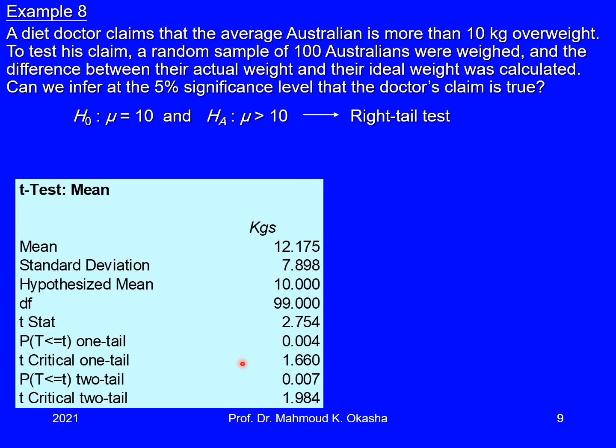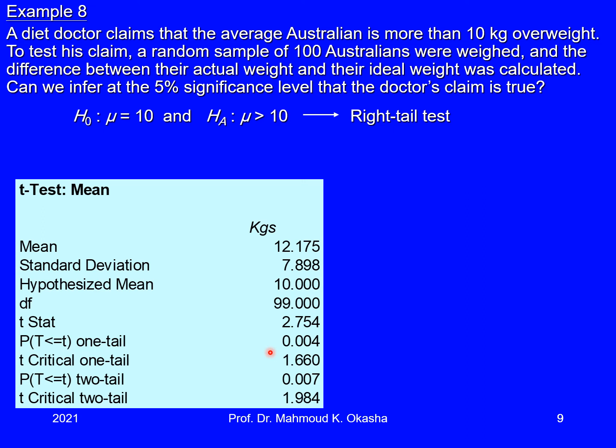usually if we use an ordinary calculator, we decide whether we use the Z value or the T value. If the sample size is large, then we use Z. But if you use T, even if the sample size is big, the result will be the same.